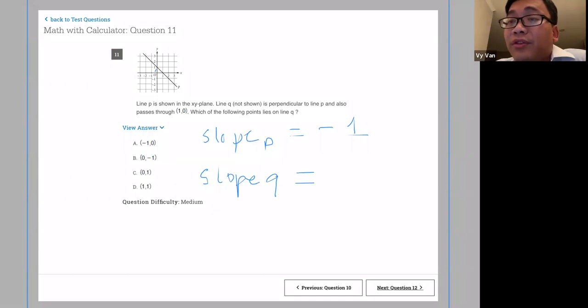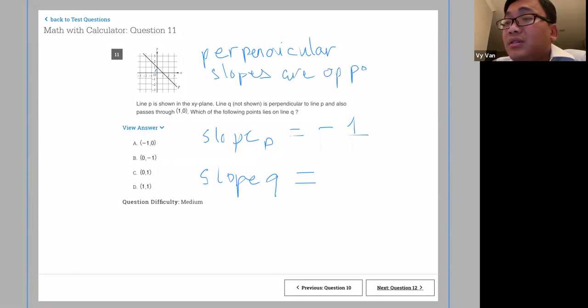For those who forgot this, perpendicular lines mean the slopes are two things you have to remember: opposites and reciprocal.